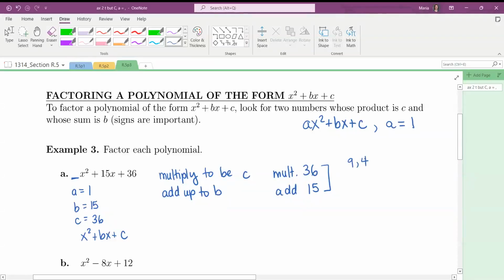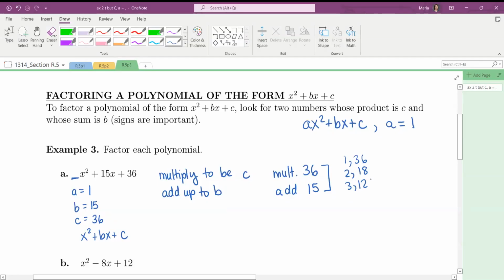Those multiply to be 36, but they don't add up to 15, so you don't want to use that. You're going to have to try a different pair. What else multiplies to be 36? 1 and 36. Those don't add to 15. 2 and 18. Those don't add up to be 15.